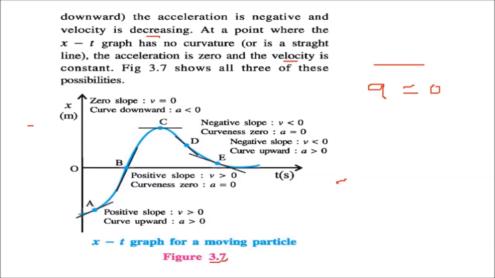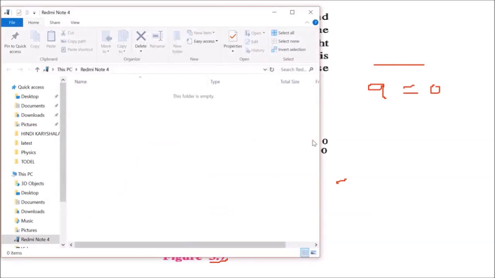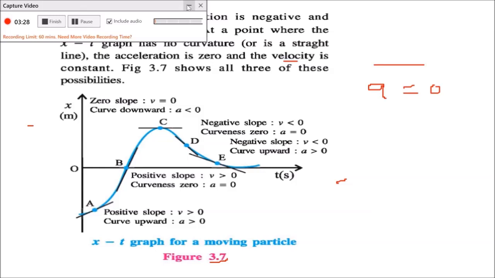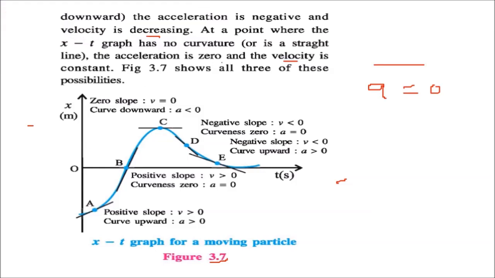Let us start with the 0 one. Here we have slope as 0 in the xt graph. This is our whole graph. Here we have 0 slope, that is velocity is 0, and because it is curved downwards, acceleration is less than 0.